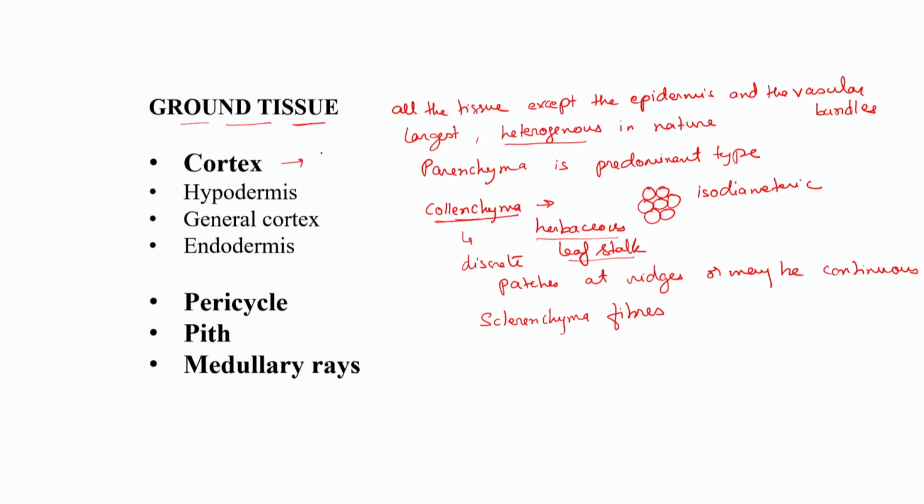Okay, you will have cortex, which is the most abundant layer which is found in ground tissue. Now, this cortex will also be divided into hypodermis, then general cortex, then endodermis. That means you will have an outer layer of epidermis.